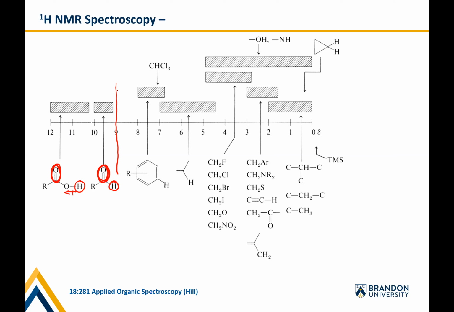One of the things that we'll get to later on, and it's up here at the top of the spectra, is OHs and NHs. You'll notice that it's a very, very broad range. Protons attached to heteroatoms tend to have the position of the signal often solvent dependent, and often concentration dependent as well. So they're not particularly reliable. And instead of being a nice little sharp peak, they tend to be blobs.